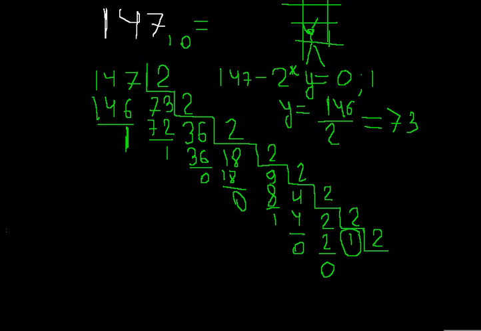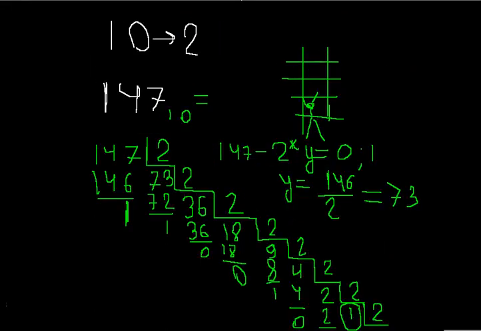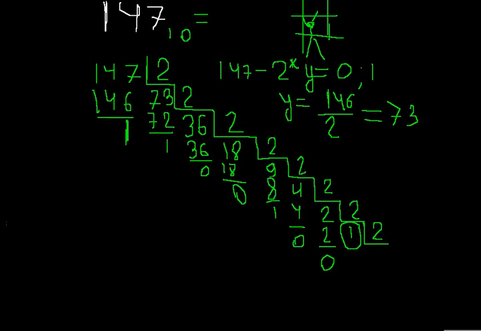And let's write our binary representation of this number in base 10, the representation of the decimal number. We read from the reverse order, the opposite parameters, then 0, 0, 1, and so on.